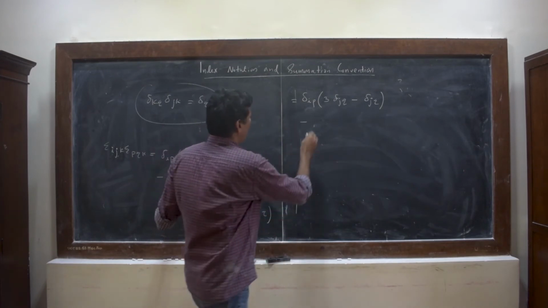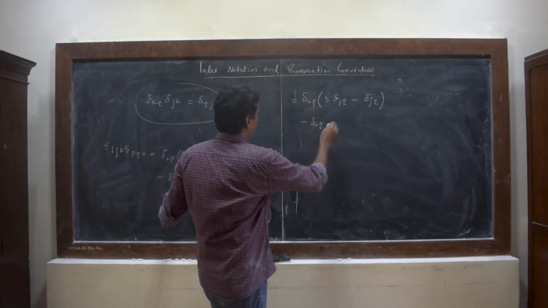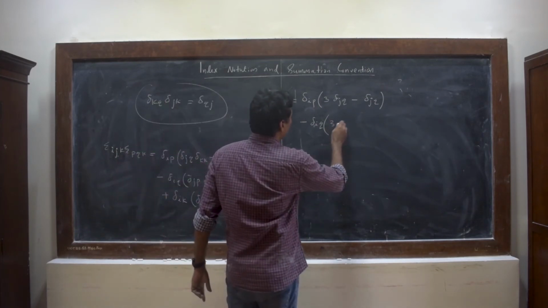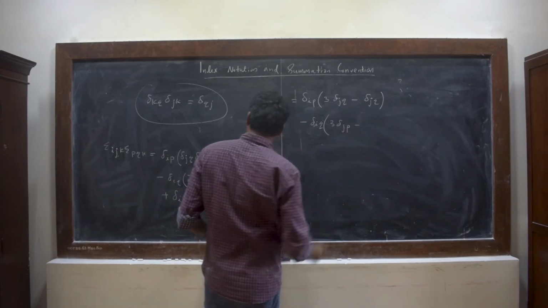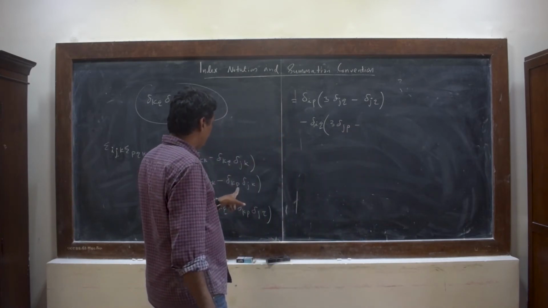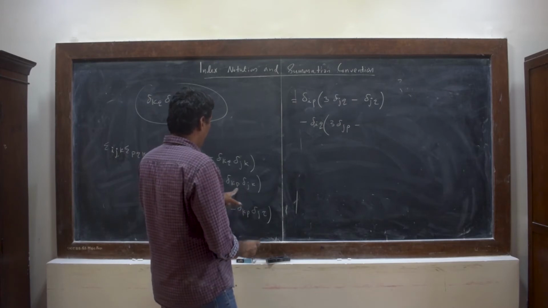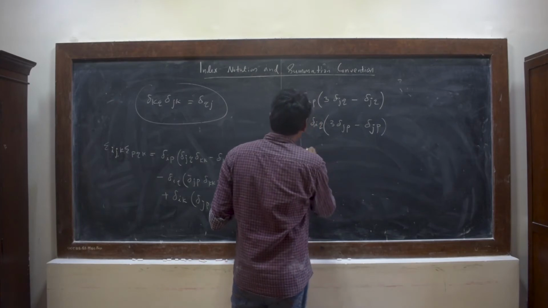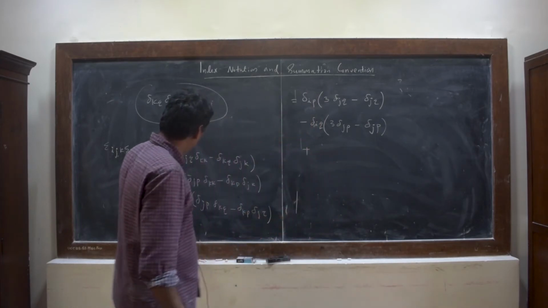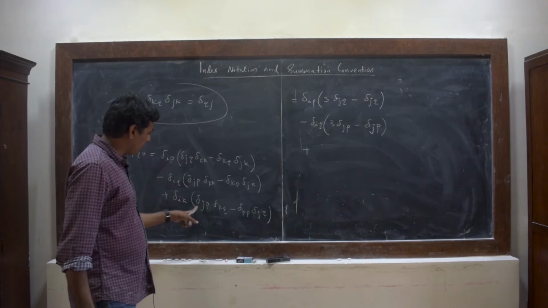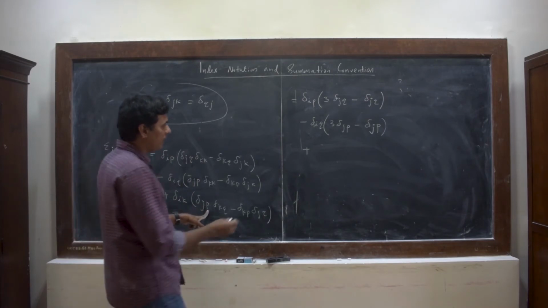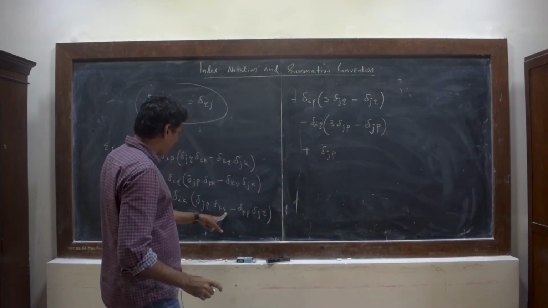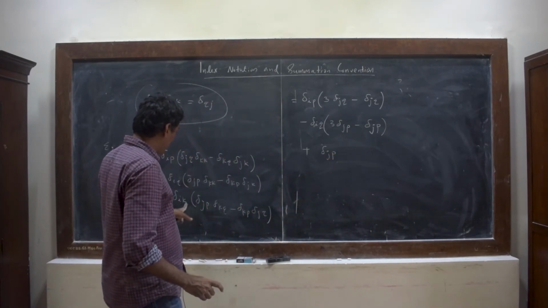Minus, you have a delta IQ here, and again delta KK is 3, so 3 into delta JP, minus delta KP delta JQ, which is delta JP. Plus, now you have delta IK into delta JP, delta KQ, where K is a dummy index.